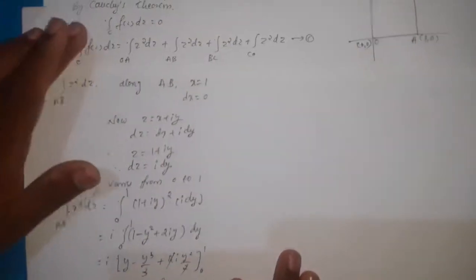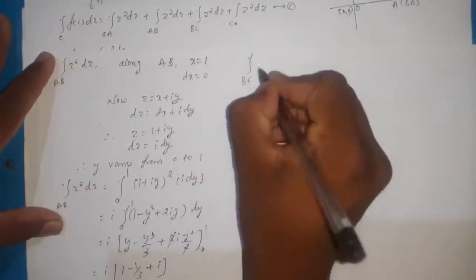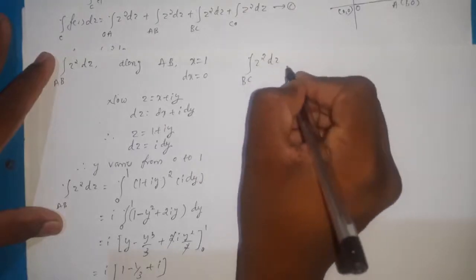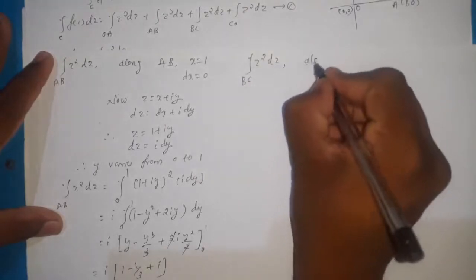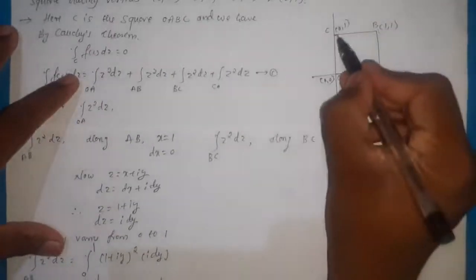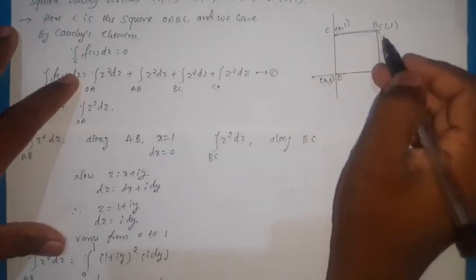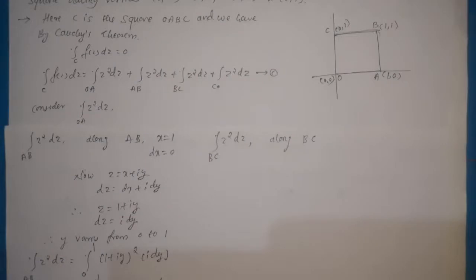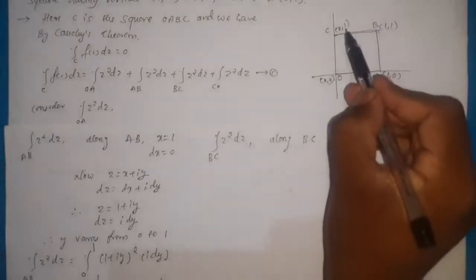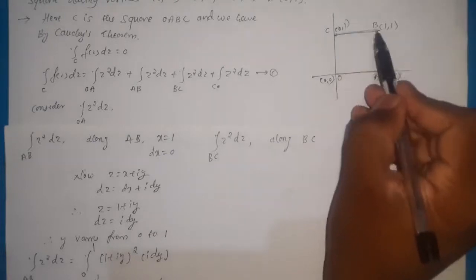Then let us consider the third one, that is integration over BC z square dz. Now here along BC, this is the line BC, so this is parallel to the x axis, which means y is constant because y is equal to 1, here also y is 1, only x is changing from 0 to 1.